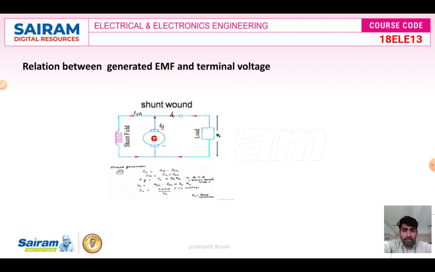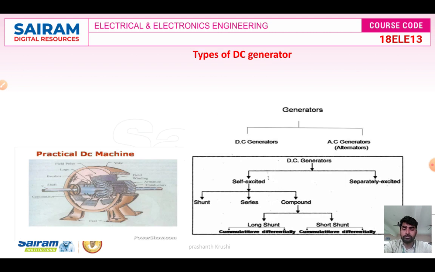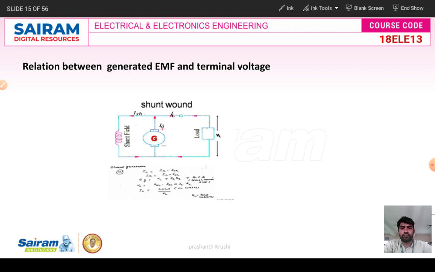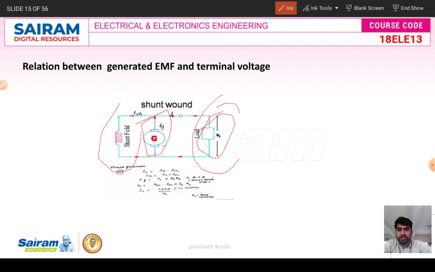Next, the relationship between generated EMF and terminal voltage. According to Faraday's laws of electromagnetic induction, I have taken a shunt wound generator. Here the supply output voltage is VL. This is the shunt field resistance, the shunt field is the field winding, and here there is an armature. So this load voltage, the terminal voltage, depends upon the generated EMF E_G, and it also depends upon the drops and the brushes.